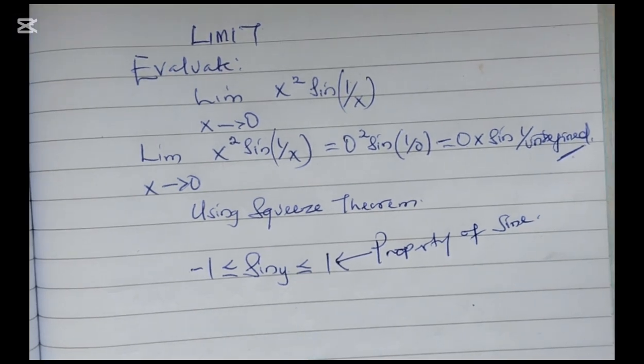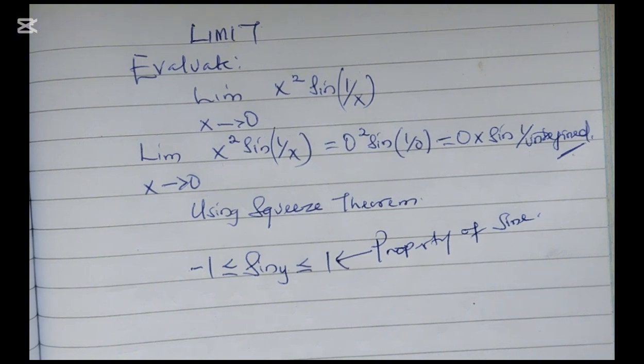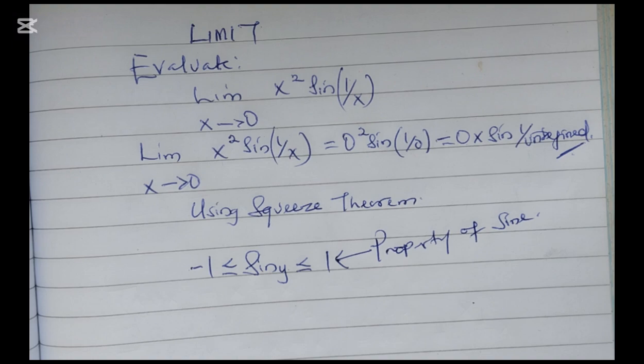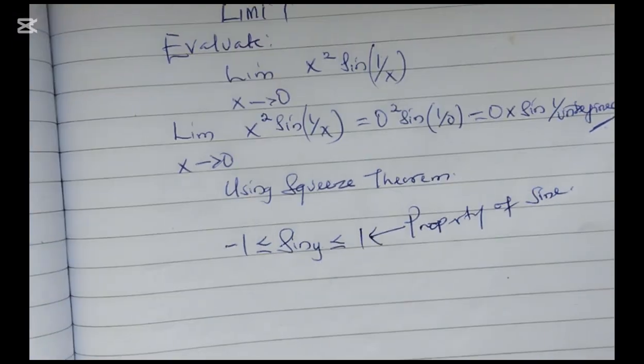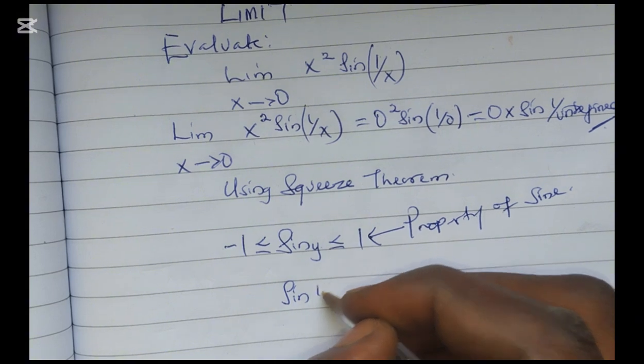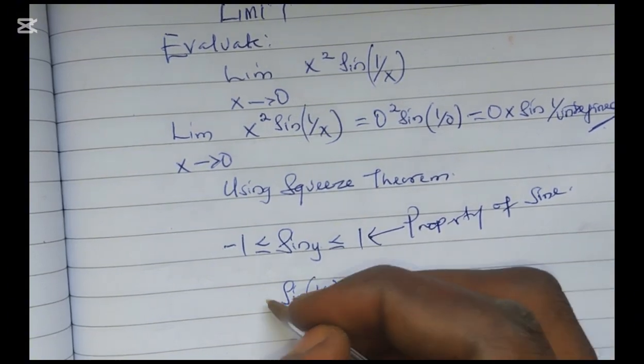For any value of y, sine y lies between -1 and 1. And if this is true, then we can say sine 1 all over x also lies between 1 and -1.